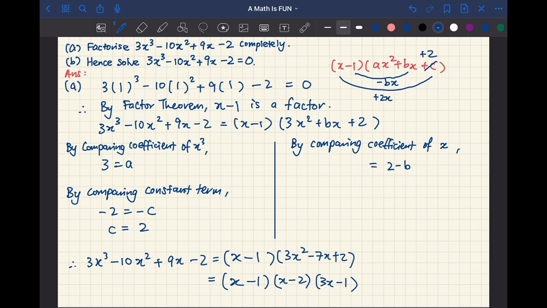And on the left hand side, we know that the coefficient of x is 9. So if we solve that, we're going to get b equals 2 minus 9, which is negative 7. So now we have found the value of b, which is negative 7. So that's how we get this expression over here.